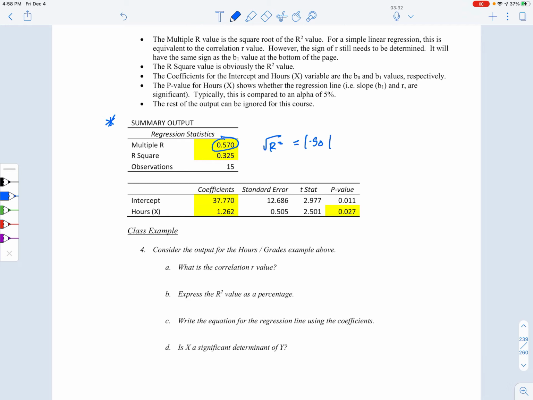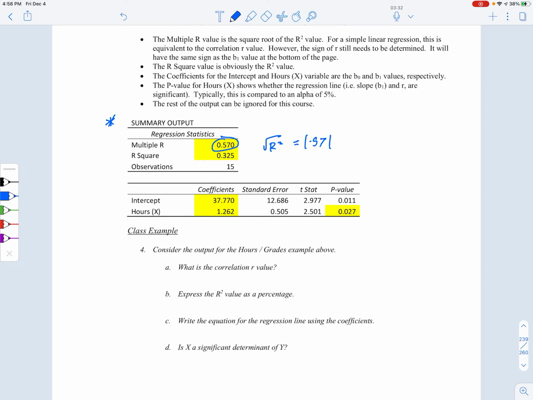And so in our particular case, of course, we did have a positive value of 0.57. It was positive when we did this by hand. But if there was a negative correlation, it would still show up here as a positive number. How could you figure out whether this thing is positive or negative, though?